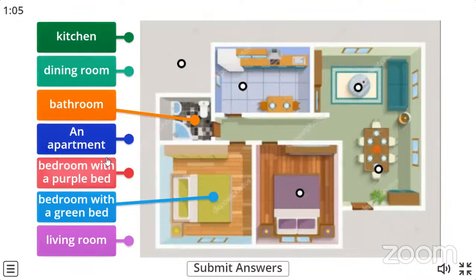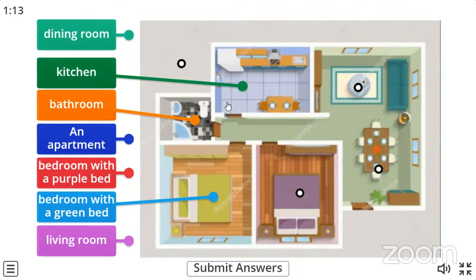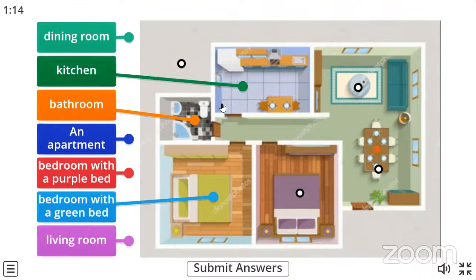Next to the bedroom. Okay, next to the bathroom, right? Yeah, in front of the bedroom, right? And where is the bedroom with a purple bed? In front of the kitchen.